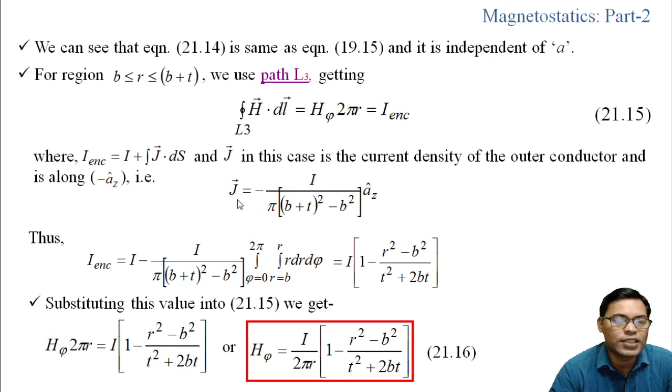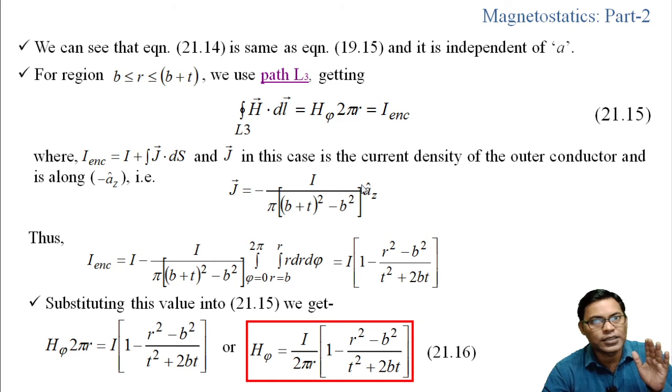So J is the current density. That current density can be calculated as I divided by the area of this conductor. So J equals minus I, because the current is moving in the opposite direction for the outer conductor.